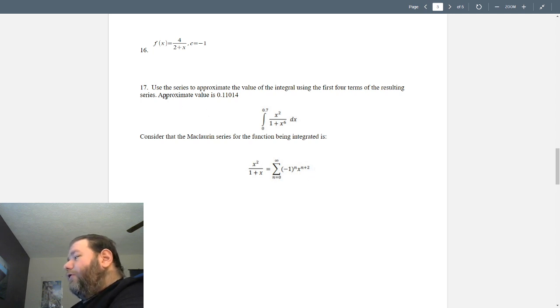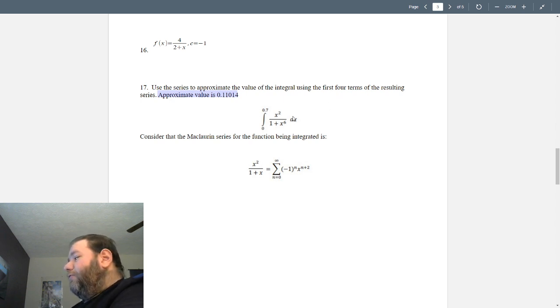But what I wanted to point out is I went ahead and just gave you the approximate value. So the answer that we get using the first 4 terms for this integral, just like we did in this last example, we take our power series, replace it here, integrate the power series, and then plug in the limits, and then evaluate the first 4 terms, pretty much like we just did.